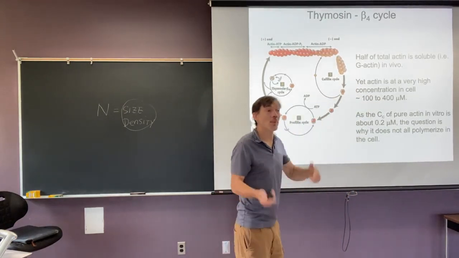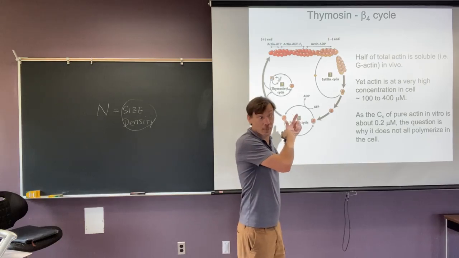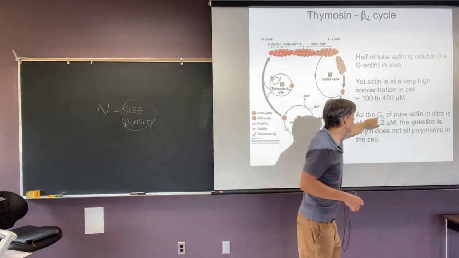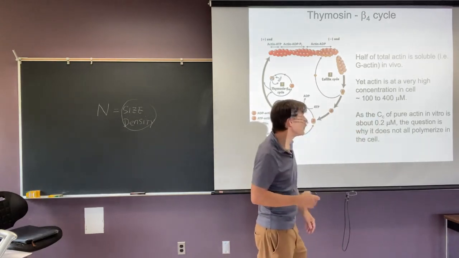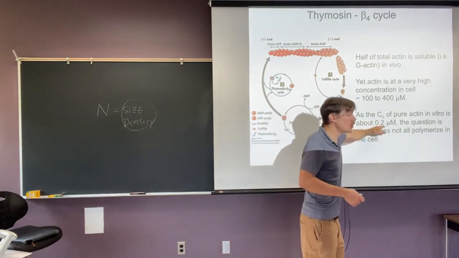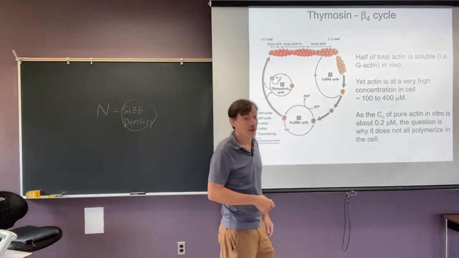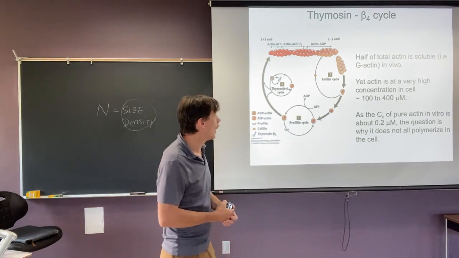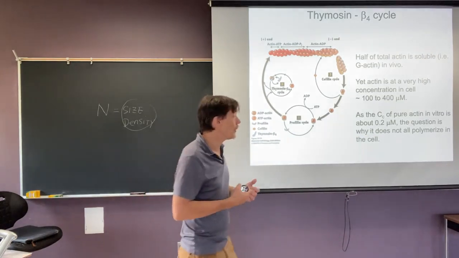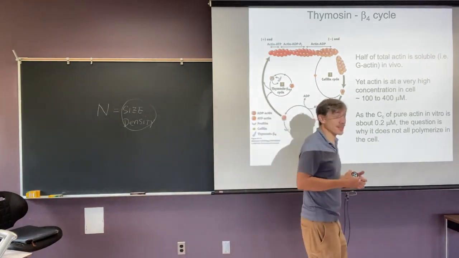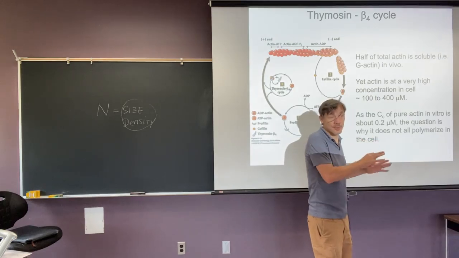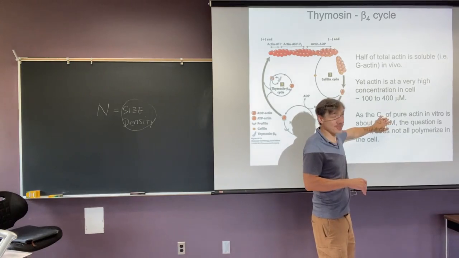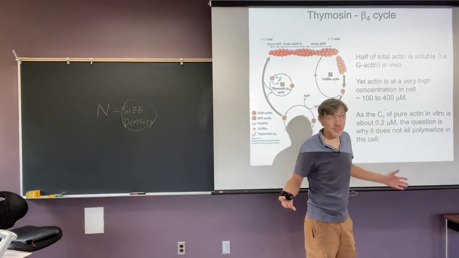And if we remember back to those numbers that I was throwing up from the in vitro biochemistry, the critical concentration of pure actin is about 0.2 micromolar. So it's about 200 times lower. And what that indicates is that if you just look at the in vitro biochemistry, you would expect that all of the actin in the cell would be assembled in filaments.